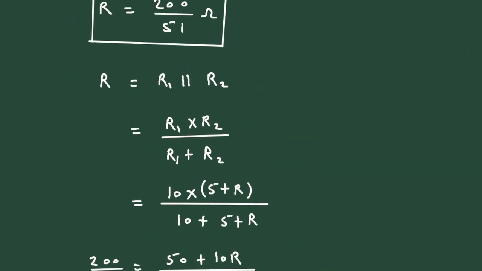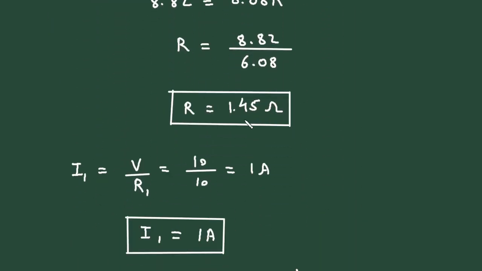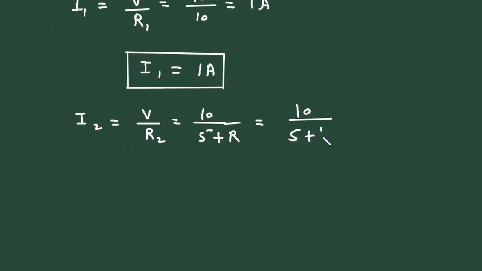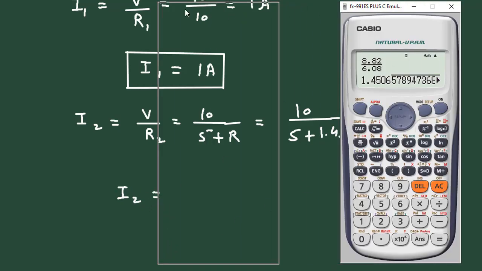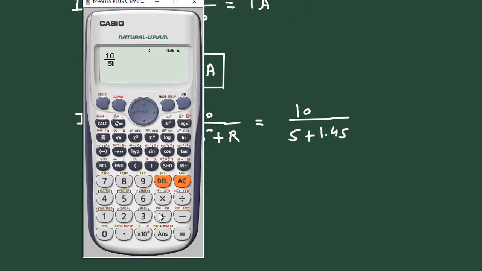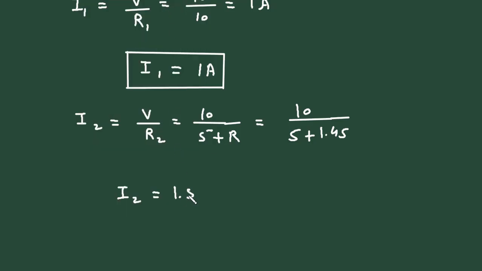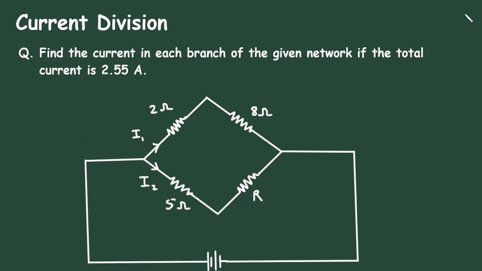Now here entering current is IT. So IT is equal to leaving current. Now leaving currents are I1 plus I2 plus I3.